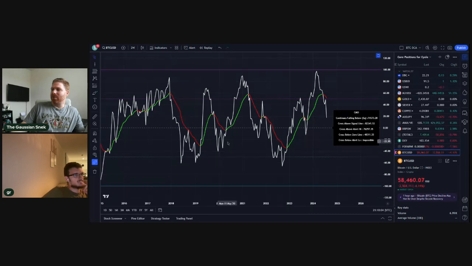Of course, we had to come lower after that, and we did put in a technical double bottom that occurred from June of 2018. This is January of 2019, and then we just shot right up. June of 2019, July of 2019, rate cuts, boom, straight to the bottom. December 2019, attempted to come up. February 2020, put in a double bottom with a higher low, and off to the bull market we went.